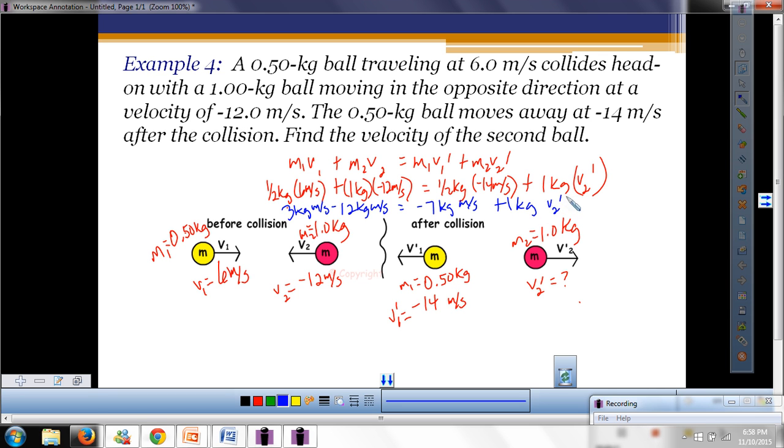And you have to pay attention to the signs or you'll get it wrong. So 3 minus 12 is a -9. I'm going to bring that -7 over to the left-hand side, so it's going to become a +7. And I still have 1 kilogram moving at V2 prime. -9 plus 7 is a -2.